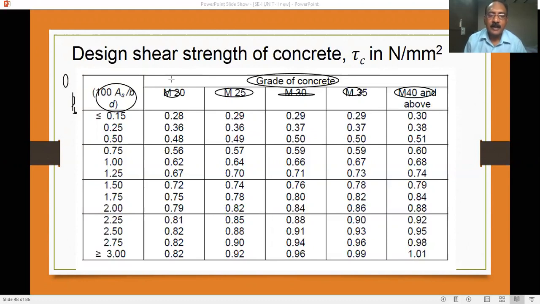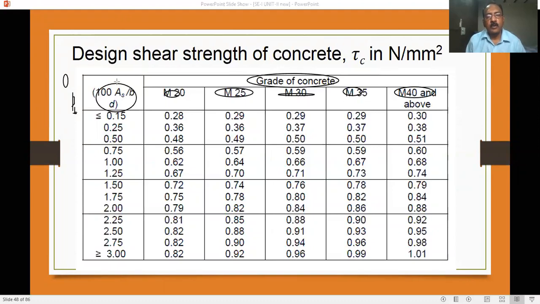This is interpolated, correlated, and they developed a table in the code book IS 456, that is IS 456:2000.